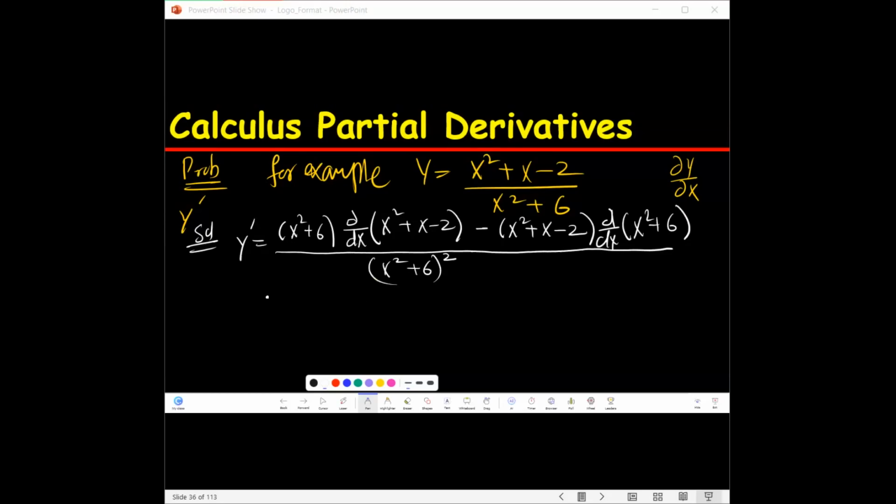Okay, if I take this one, it is going to equal the denominator squared plus 6, and 2x plus 1, then x squared plus x minus 2 as is, and the derivative will be 3x squared. This is a cube.